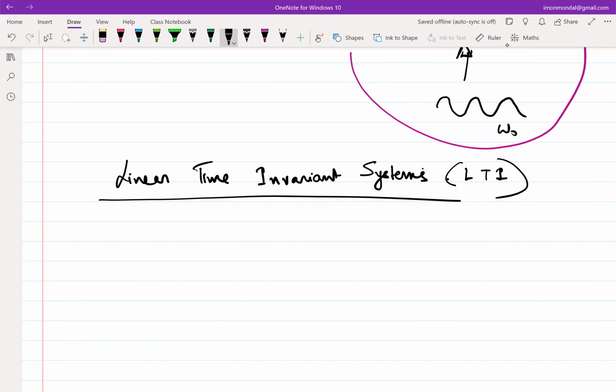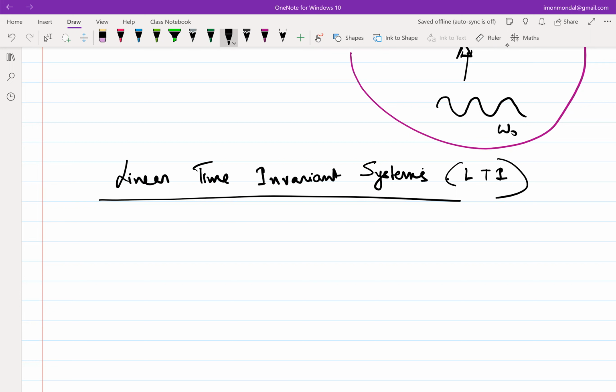But for the time being, take it from me that you cannot design an amplifier with a simple LTI system. It's simply not possible. You need some sort of nonlinearity or some sort of time variance inside your box to get amplification. Again, why? I'll come back to it at a later stage, but take it from me at this time that it's not possible.